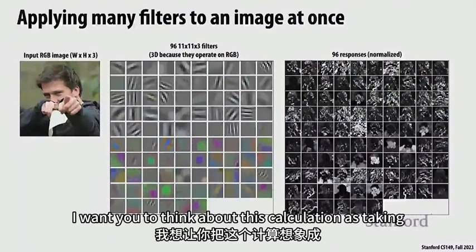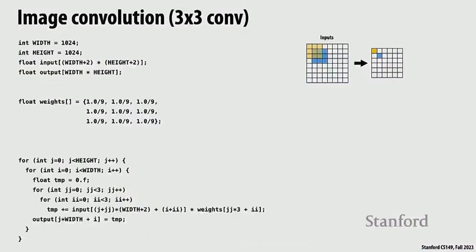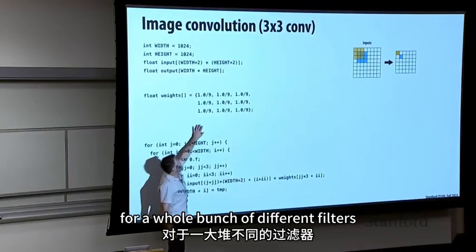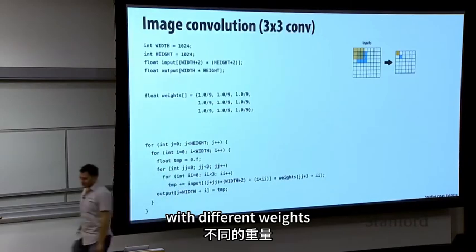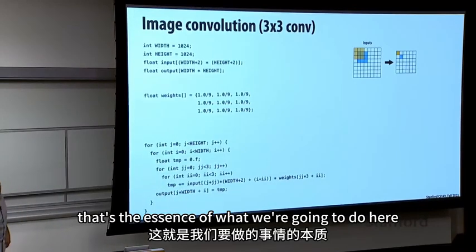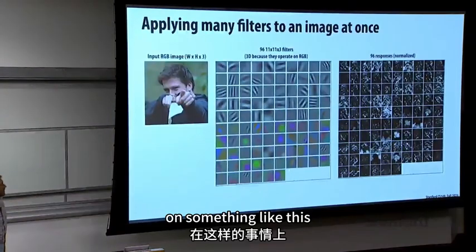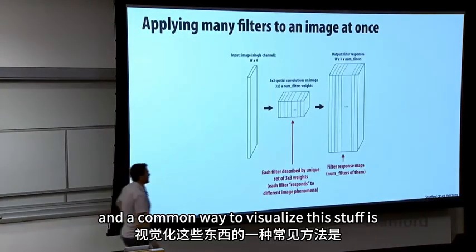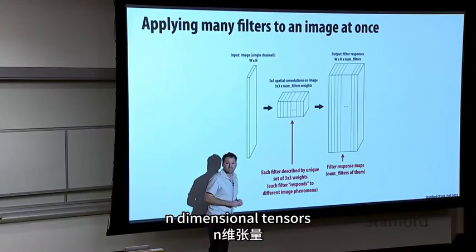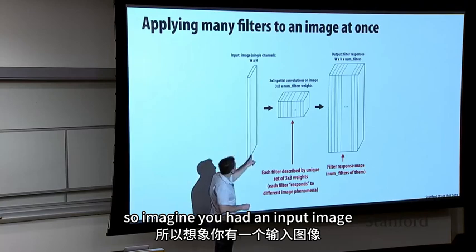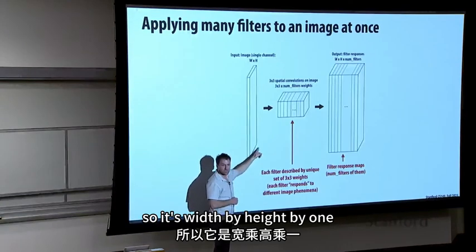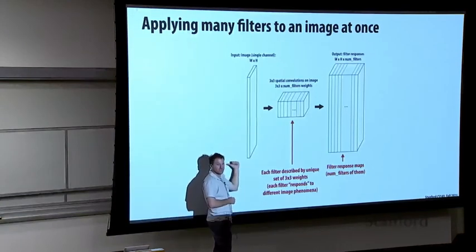Okay? And so I want you to think about this calculation as taking this code here and then repeating it for a whole bunch of different filters with different weights. That's the essence of what we're going to do here. A common way to visualize this is to think about n-dimensional tensors. So imagine you had an input image that's width by height, so it's width by height by 1.